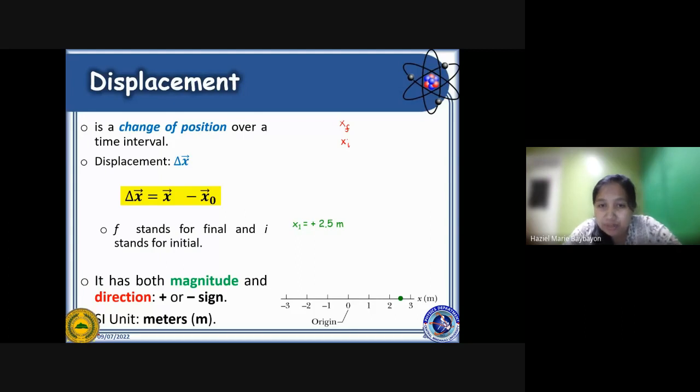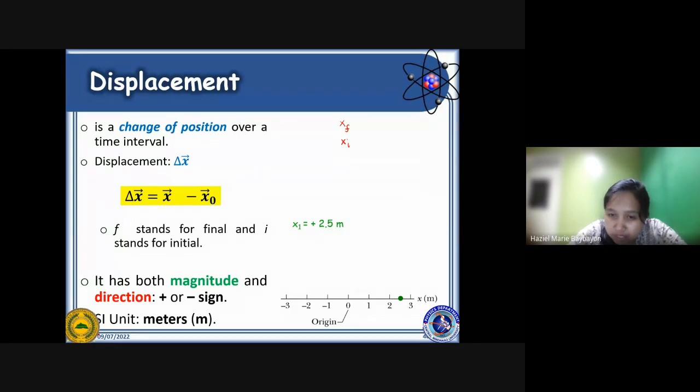Now, say for example, we are given an object that is moving from this point. Can you see this green dot here? Its initial position is at x sub 1. We use x sub 1, not x sub i. So the initial position is equal to positive 2.5 meters.